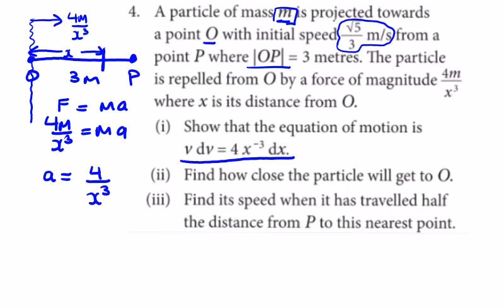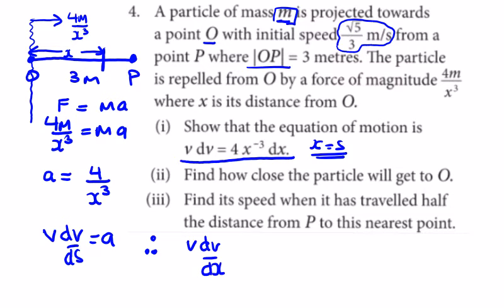What are we asked to show? v dv/dx. Well, x is distance here, so dx will be equal to my s part. And we know that v dv/ds is equal to acceleration, so v dv/ds is equal to a. Therefore, v dv/ds, or dv/dx, is equal to 4/x³.